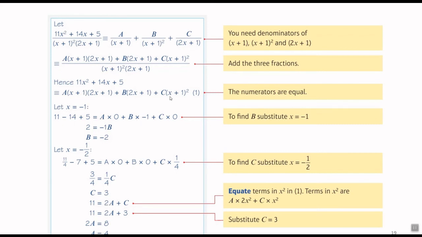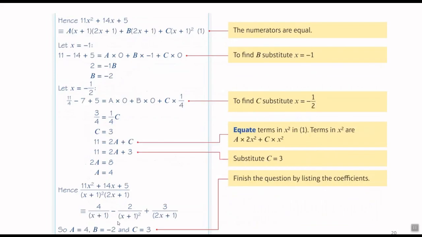In here, if you expand this, you will get x squared plus 2x plus 1, so c x squared, you can take c. Then substitute that c value here, and you can find the value of a. So a equals 4. Then you can substitute those values and finish the question by listing the coefficients.